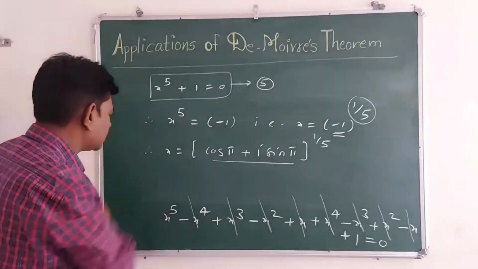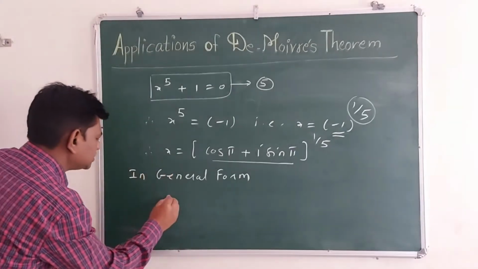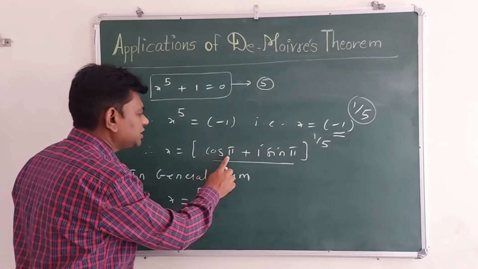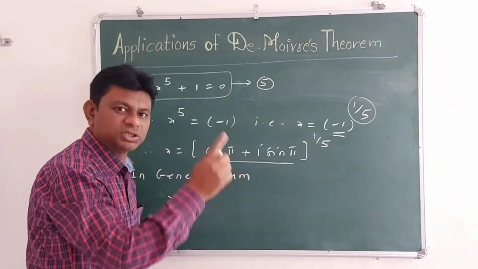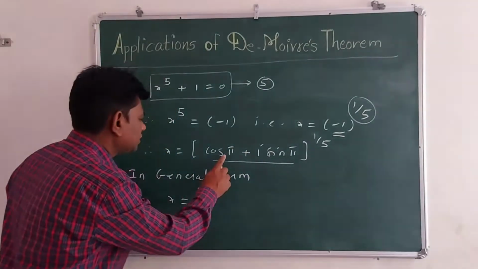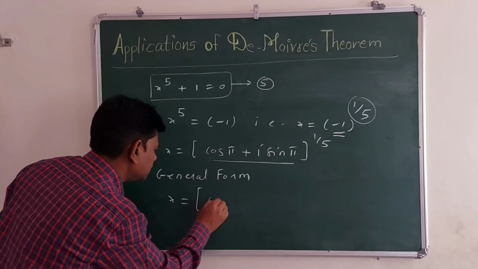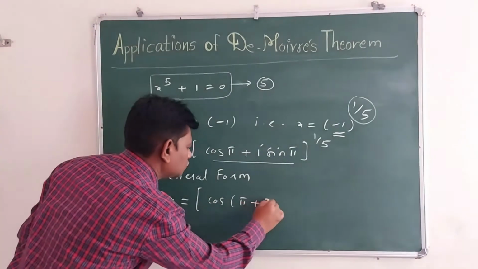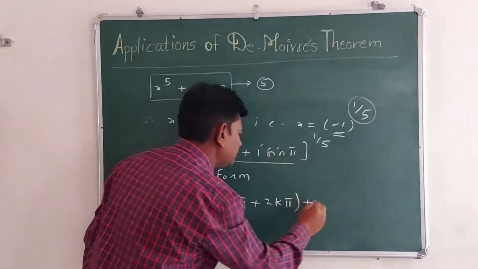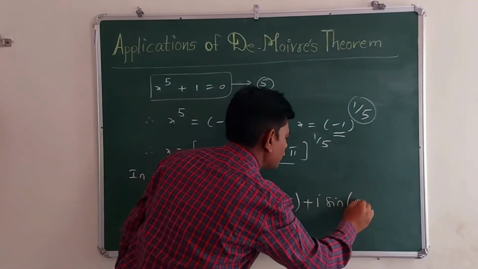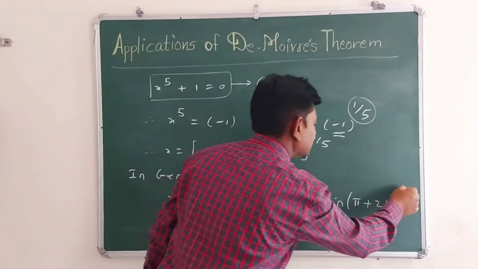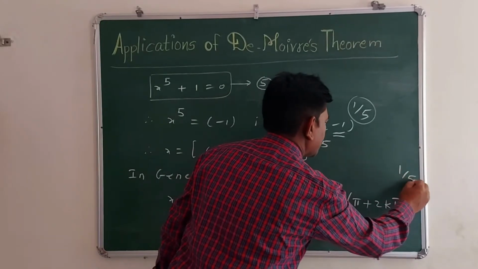Now in general form this x is equal to, now we recall the formula cos theta plus 2k pi is equal to cos theta if k be the positive integer. So therefore we write this cos pi as cos pi plus 2k pi, and similarly we write this sin pi as sin pi plus 2k pi, here k be the positive integer, to the power 1 by 5.